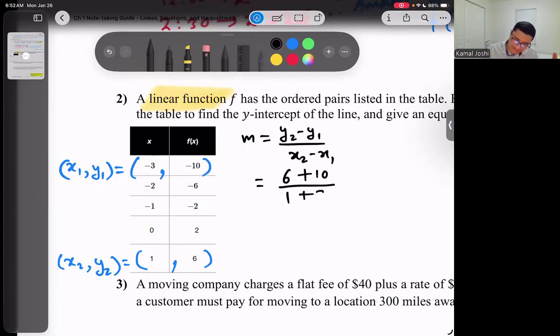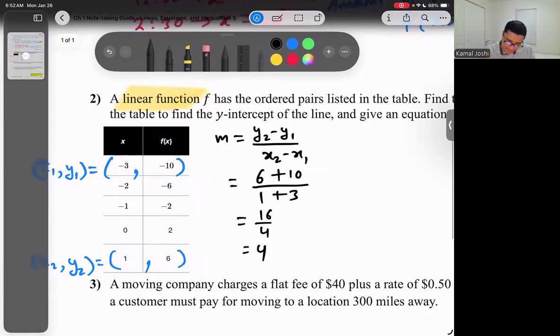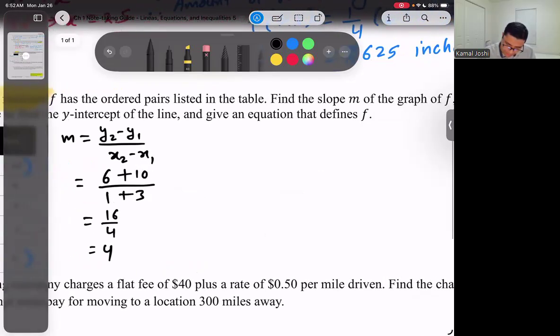So minus makes it plus. Okay, 16 divided by 4, which is 4. Right? And so that is the slope.